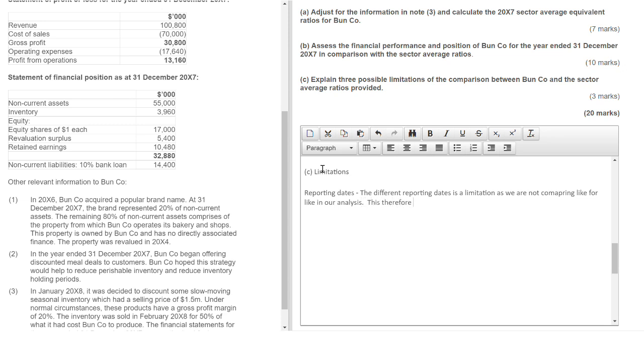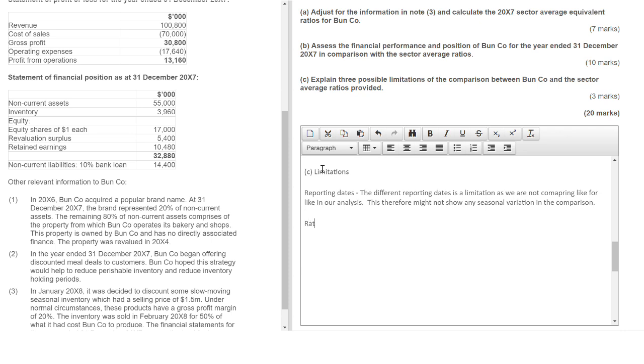This therefore might not show any seasonal variation in the comparison. Okay, the baking industry, it may be seasonal, I don't know, but if you've not got the same dates for comparison purposes, then you can't compare like for like, can we? And therefore your sales, how they accrue during the year, might have a big impact on your profitability ratios, such as return on capital employed and operating profit margins.